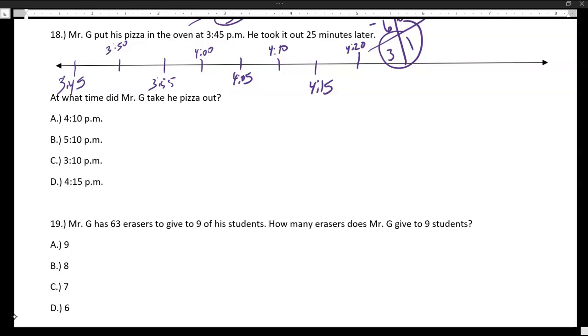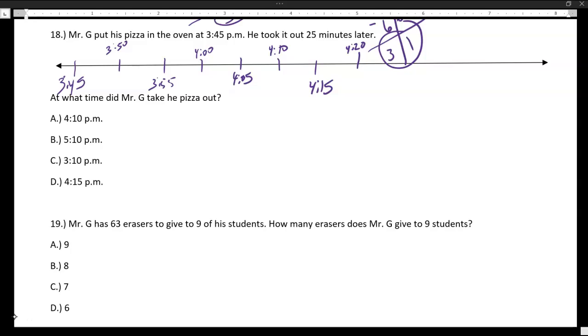Now, think about this. If I put a pizza in the oven and it's gonna cook, is time going forward or backward? Forward. Right, because it's taking time to cook. So we know we're gonna count forward. Now look at your number line. It goes 3:45 to 3:50 to 3:55.